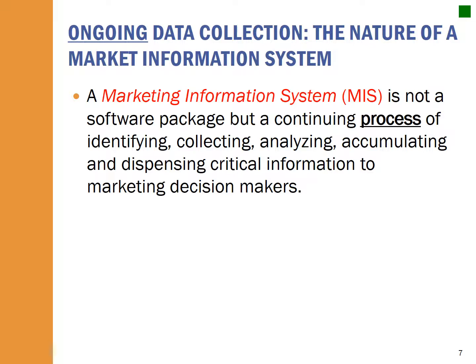It's a process that includes computer software engineering. It also includes people. It also includes just the information that we're gathering. And the point of it is to be able to identify, collect, analyze, accumulate and dispense critical information for decision makers.